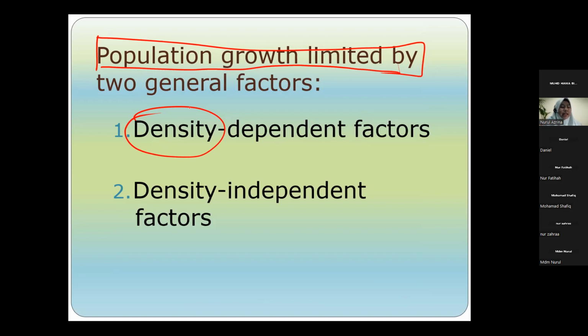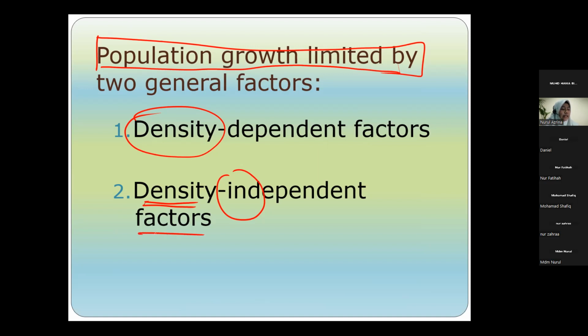Okay, right? Number two, density independent factors are those factors that not depend on density. Maknanya dia tidak bergantung dengan sesuatu dengan kepadatan populasi tersebut. Populasi A ada 5, populasi B ada 50,000 individual.